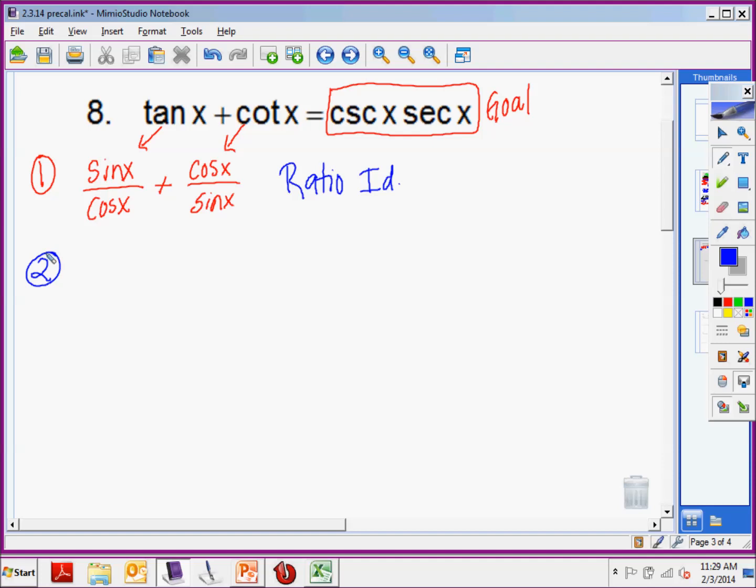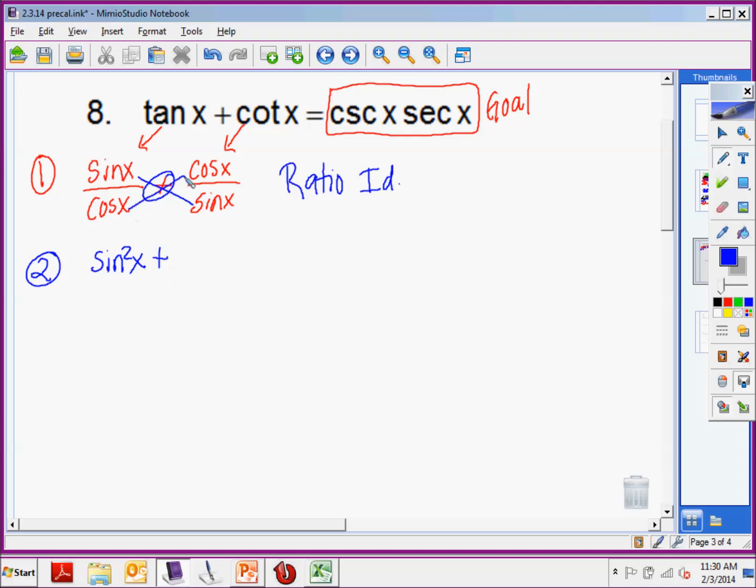So when I get my common denominator, I'm going to cross multiply. Sine times sine. I'm doing chopsticks. So there's my first chopstick. My rice is addition.